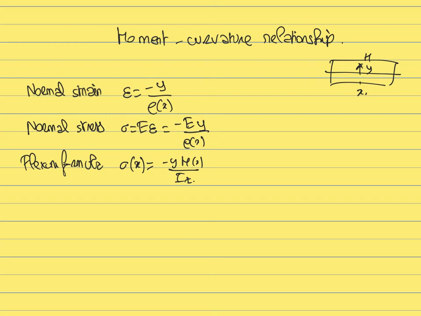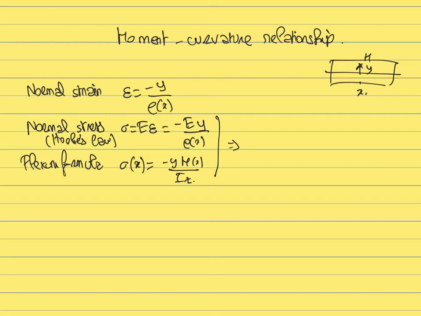So now we have two different expressions for the normal stress. We have one expression that comes from Hooke's law, and we have one expression that comes from the flexure formula. So we can combine those two expressions and say necessarily those two expressions must be equal to each other.